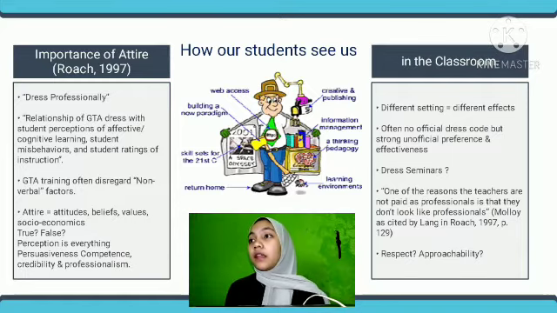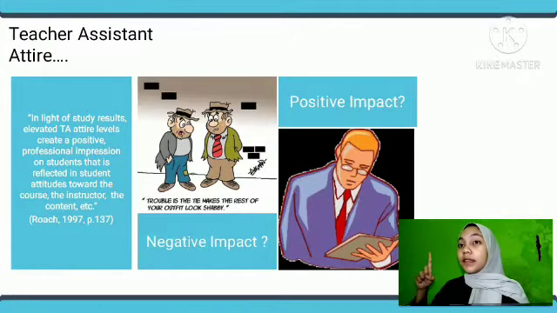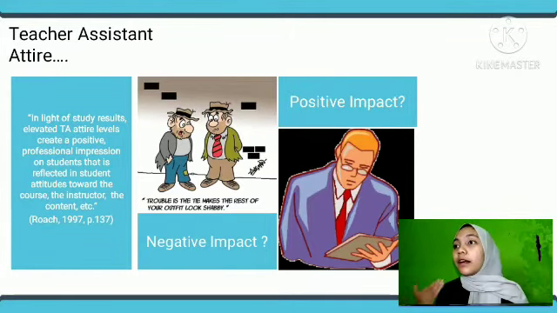A theater is very important for us because the students can tell us about attitudes, beliefs, values, and socioeconomics in the classroom. So we can see in this slide there is the picture about negative impact and positive impact. We get the conclusion: what we are, where, and how we are doing in the classroom matters a lot for us.